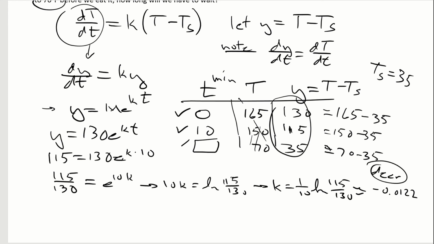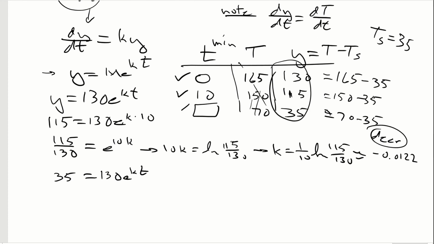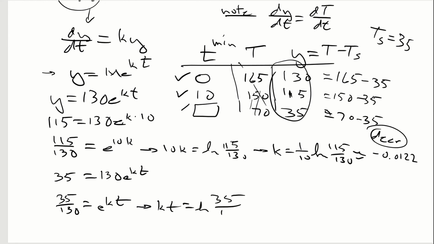The last part then is, what's the time when y is 35? So you plug in 35, and over here you've got the same formula, e to the kt, but you know what k is now. So this time you're solving for t itself. We've got 35 over 130 is equal to e to the kt. So kt is natural log of 35 over 130.